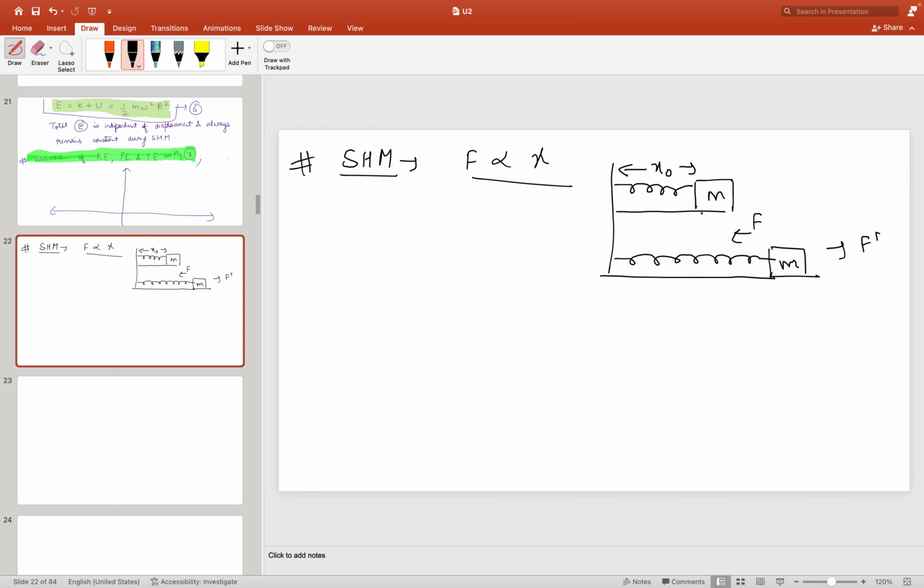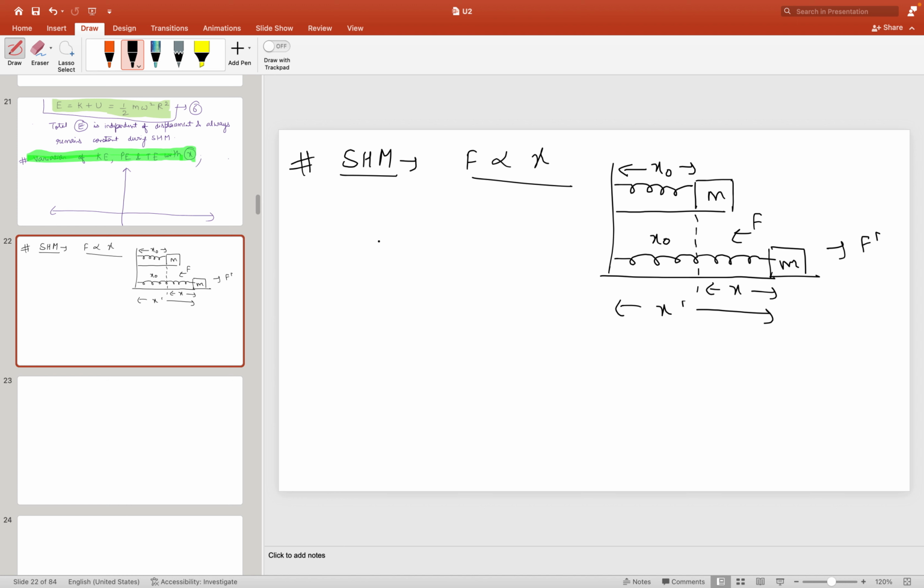Let us suppose the original length was x0 and we have produced x amount of more stretch after applying the force F dash, and then we can consider this whole length as x dash. This is the diagram that we will be considering while solving the simple harmonic motion wave equation.